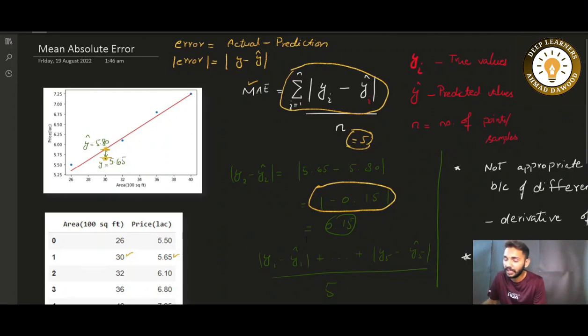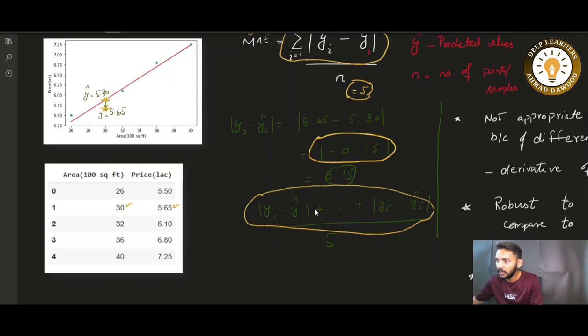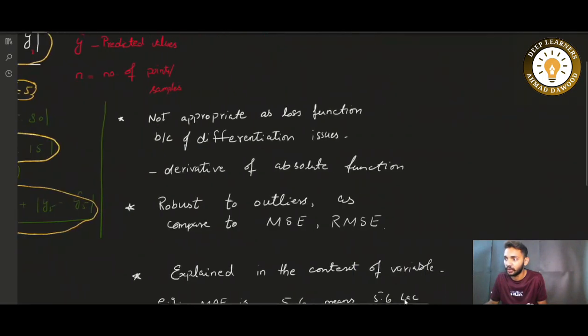In this way we can calculate the absolute errors for all 5 points, add them, and divide by the number of points. So we know how this formula works, and we can use it for the evaluation of the model. Now we will see some advantages and disadvantages of this metric.